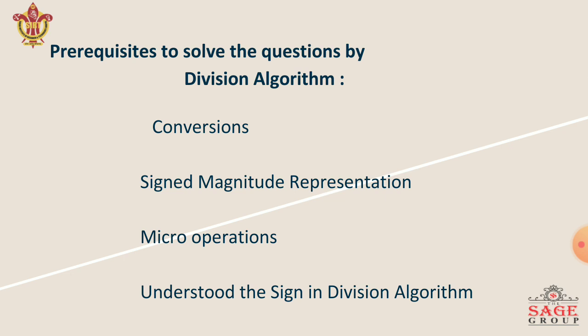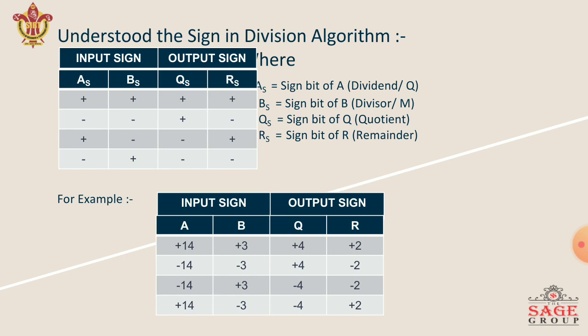And the most important, understand the sign in division algorithm. This is the new thing in the division algorithm. So there are two input signs and two output signs.